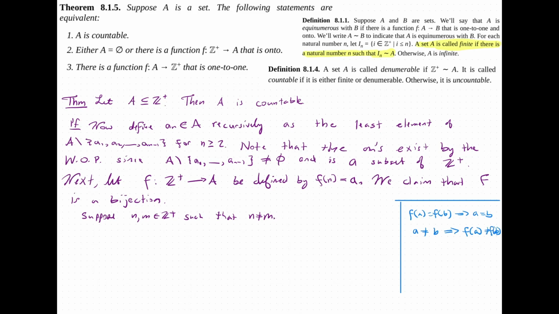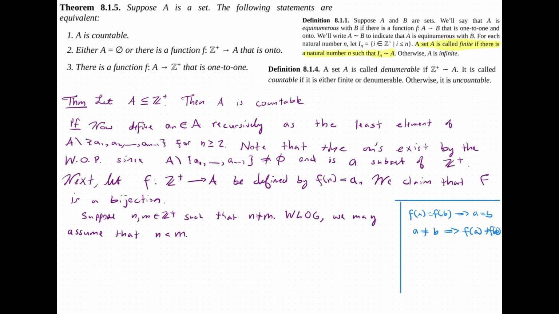And so here's where we can use this phrase, without loss of generality, that we've introduced in the past. Since both cases will be the same, we can assume one case. And so without loss of generality, we may assume that n is strictly less than m.